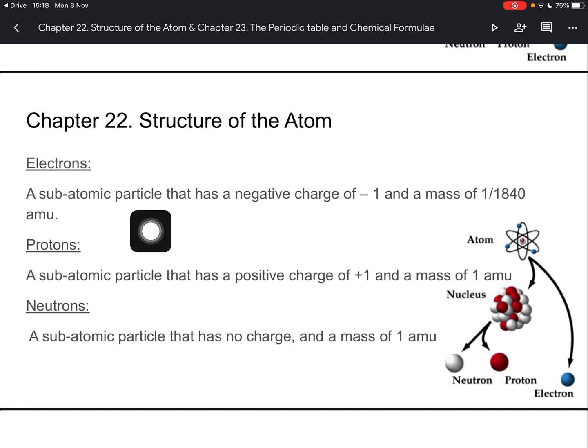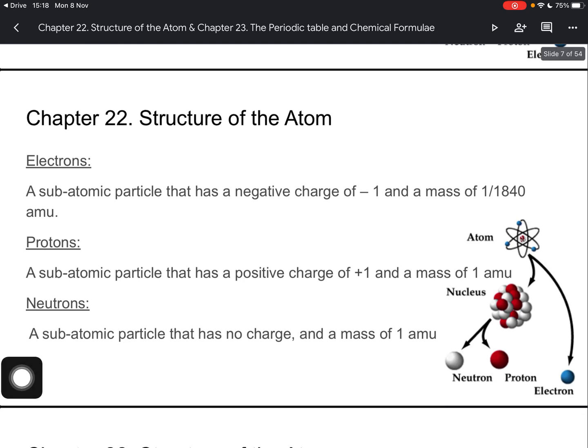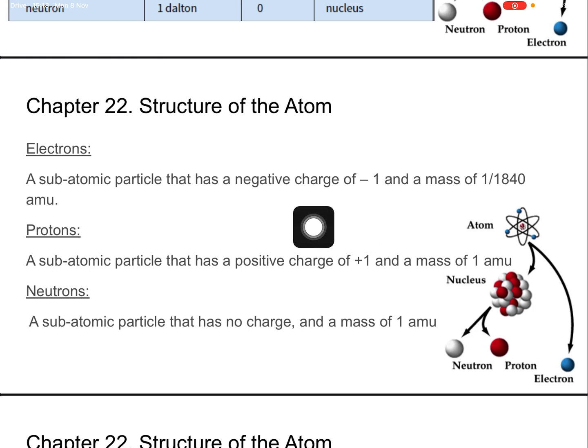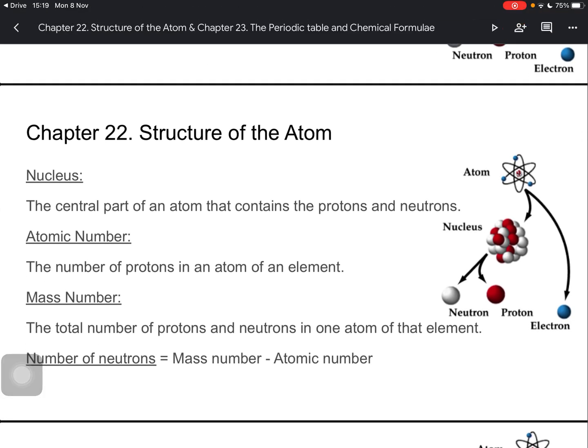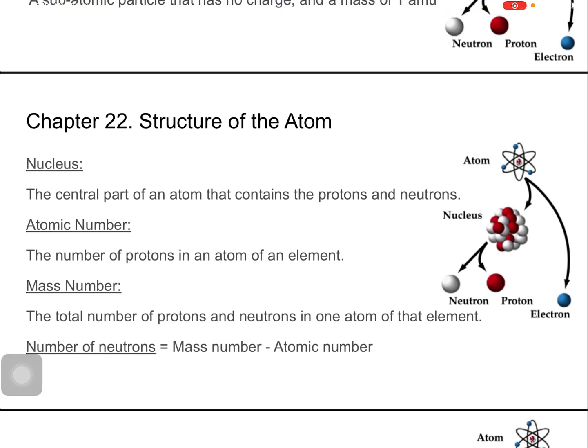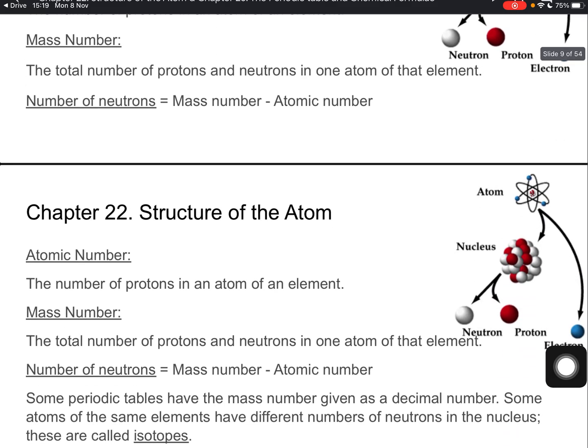So because our electrons have a -1 charge and our protons have a +1 charge, most of our atoms were stable when they had an equal amount of electrons and protons. So usually our amount of protons tells us the amount of electrons we have because we have the same amount of electrons as protons.